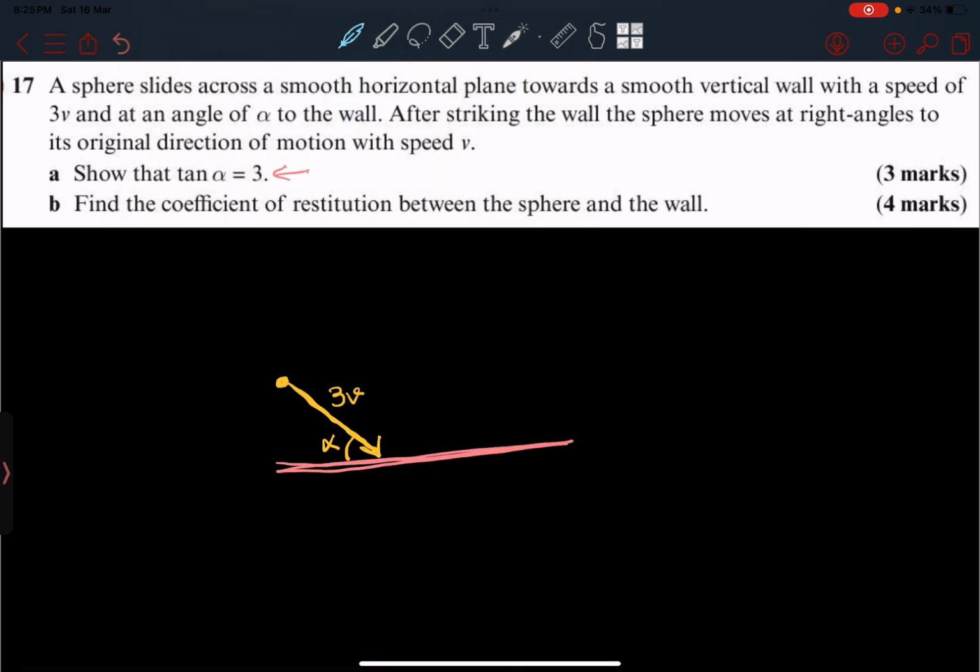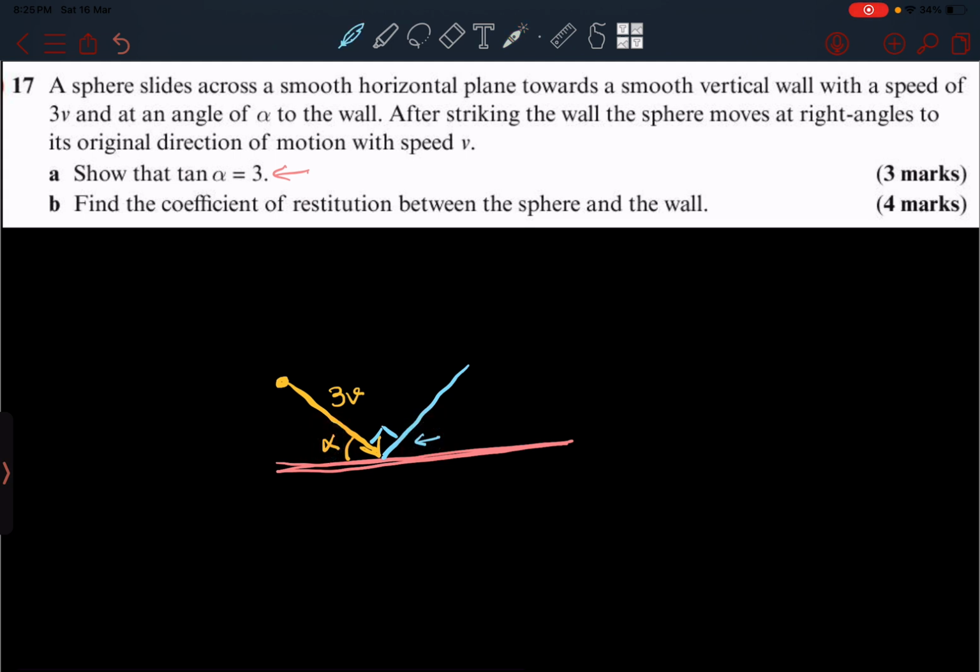So that means this angle is 90. We know that the entire thing is 180, so these two should add up to another 90, right?